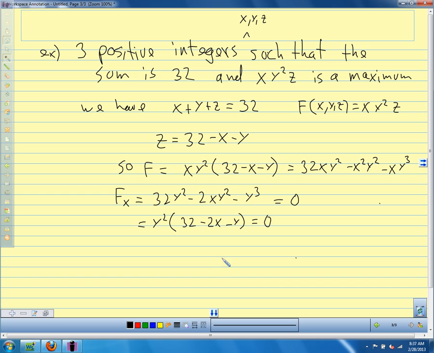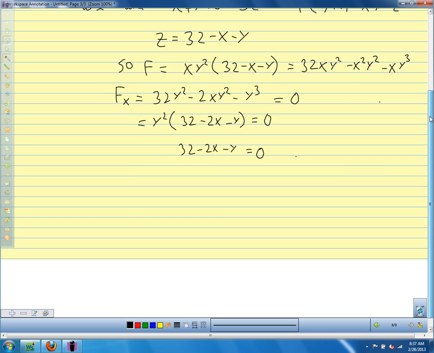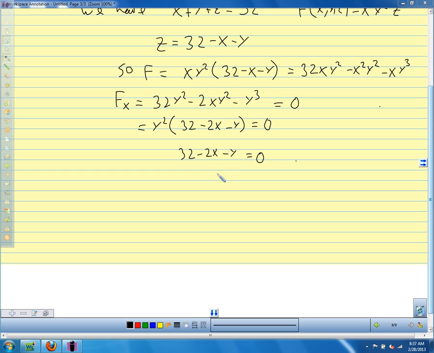Now we're going to ignore the solution here that y equals 0. If y equals 0, our function is 0. So we want 32 minus 2x minus y equals 0. I'm going to solve this for y. We get y equals 32 minus 2x.